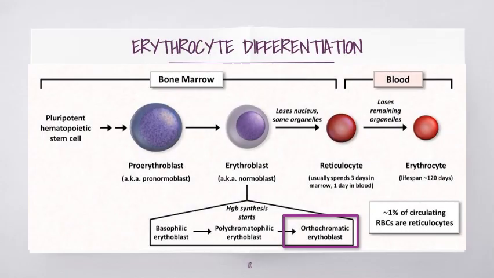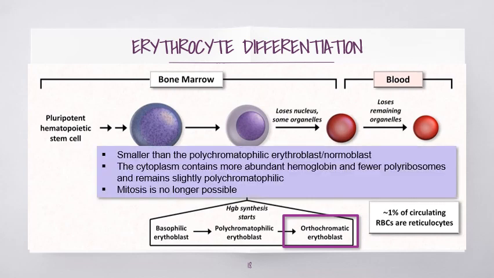So after the polychromatic or polychromatophilic erythroblast, the last stage of the erythroid series that will contain a nucleus is the orthochromatic erythroblast. In here, mitosis is no longer possible.